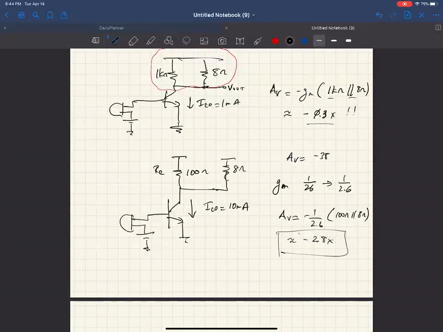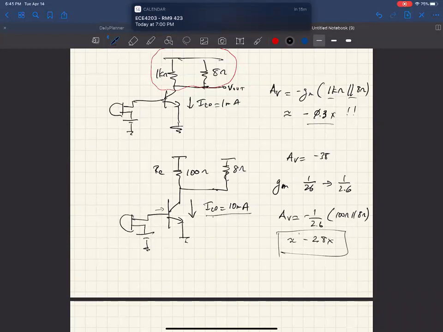But you've moved the problem around, because if you increase I sub C, you've increased the GM by a factor of 10, which means you've reduced R sub pi by a factor of 10. So you've just reduced your input resistance. It's a problem you're sort of moving around, and you have to see where you are in terms of the resistance of the microphone versus the resistance of the speaker.